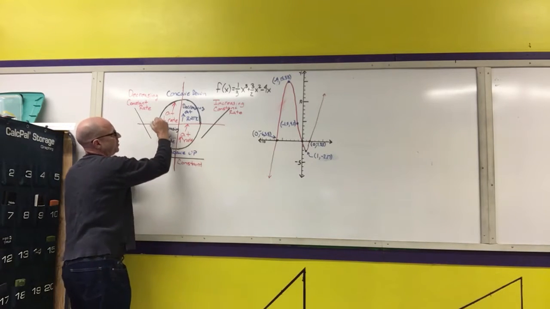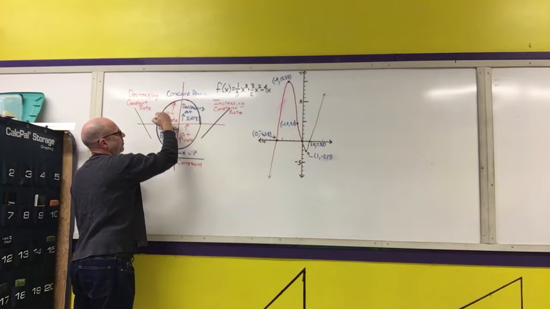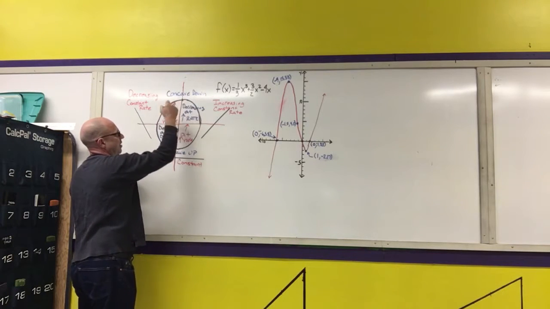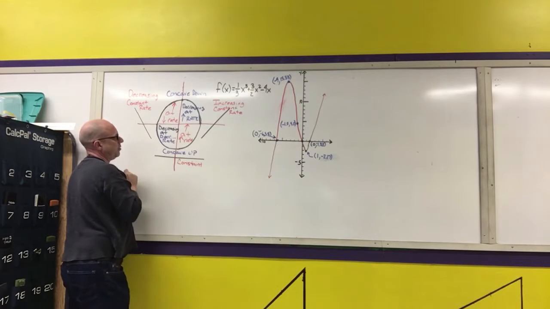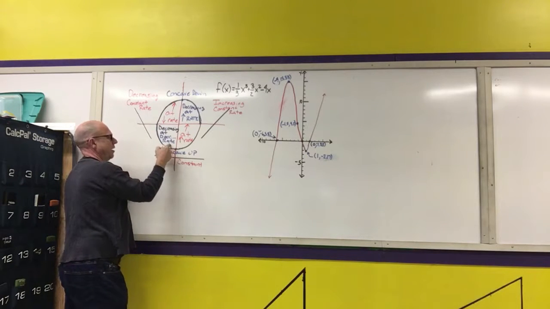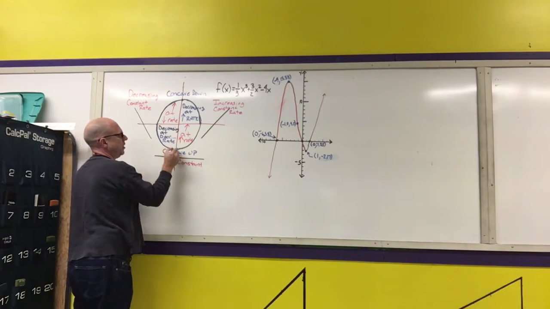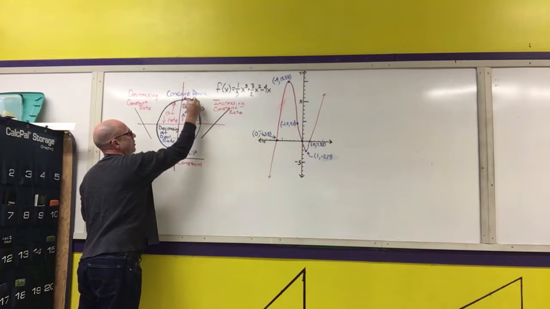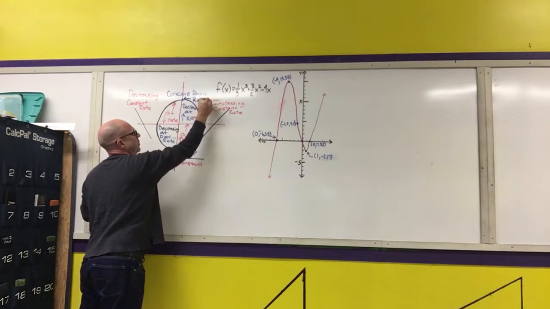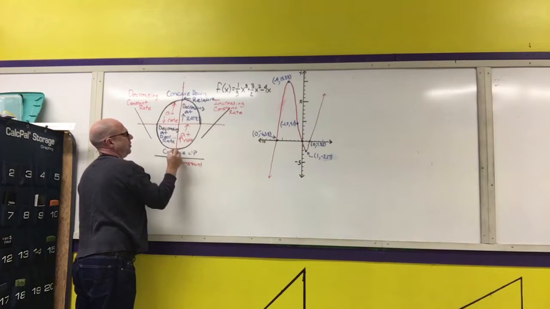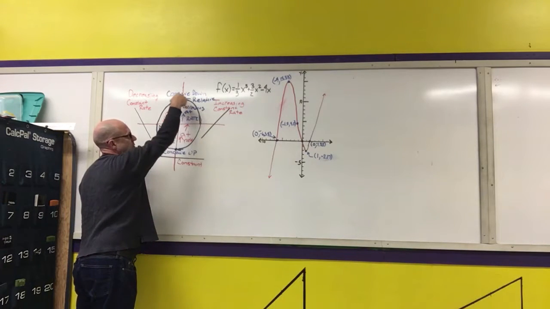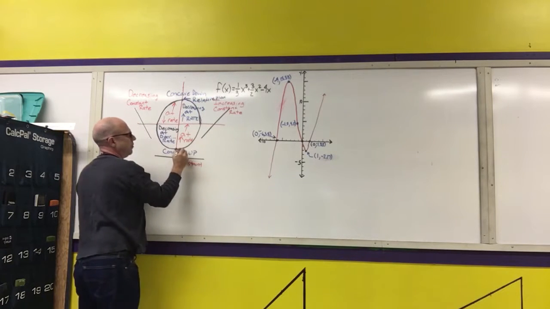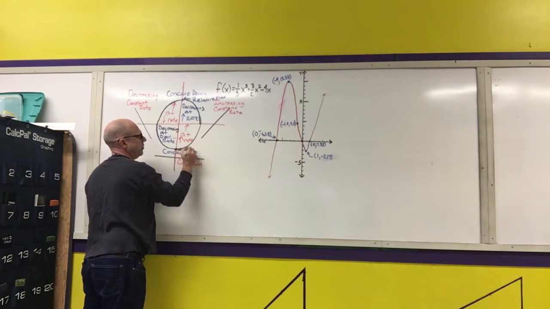And where a graph changes from an increasing to a decreasing function at the top, or at the bottom where it changes from a decreasing to an increasing function, these points right here are called relative, and if it's a top point, it would be called a relative max, and at the bottom point, it would be called a relative minimum.